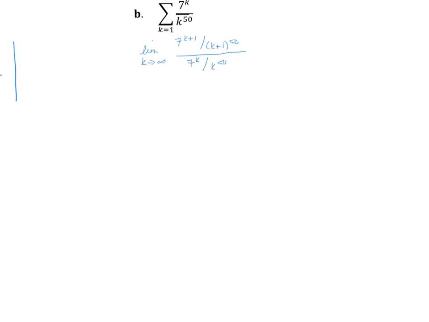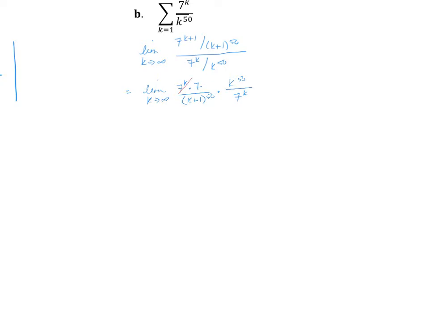And then I'm going to rewrite that as 7 to the k plus 1, so that becomes 7 to the k times 7 divided by k plus 1 to the 50 times k to the 50 over 7 to the k.